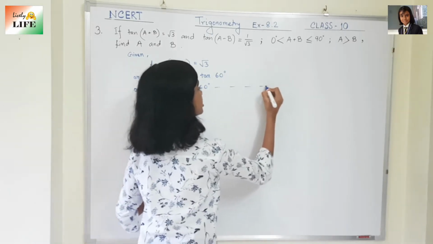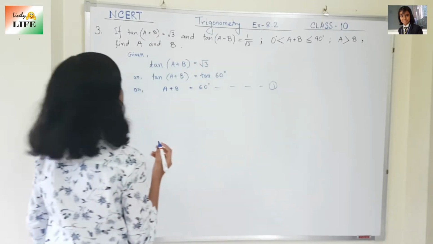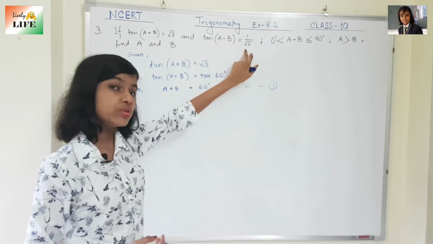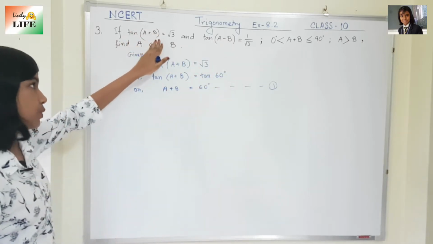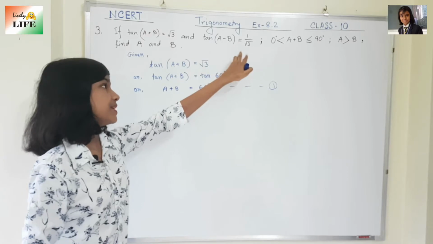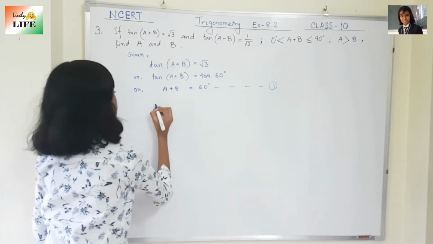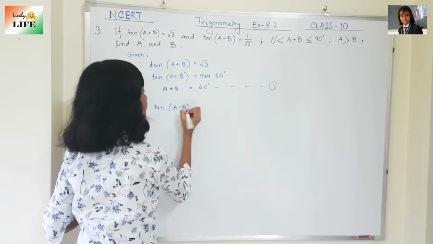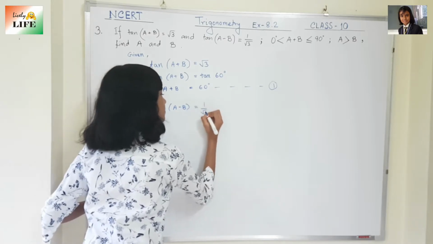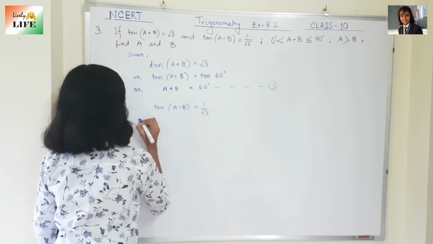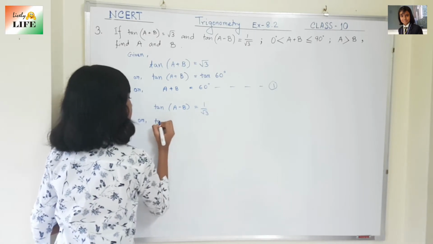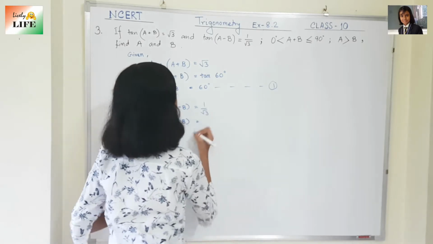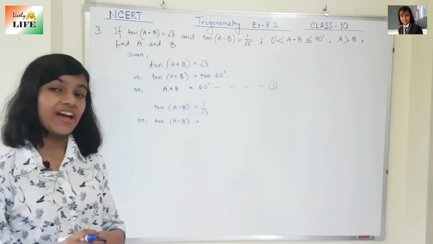This is equation 1. Now what is given over here? Tan(a - b) is equal to 1 by root 3, right? We have already completed tan(a + b) equal to root 3. Now tan(a - b) is equal to 1 by root 3. Now 1 by root 3 is the value of what?